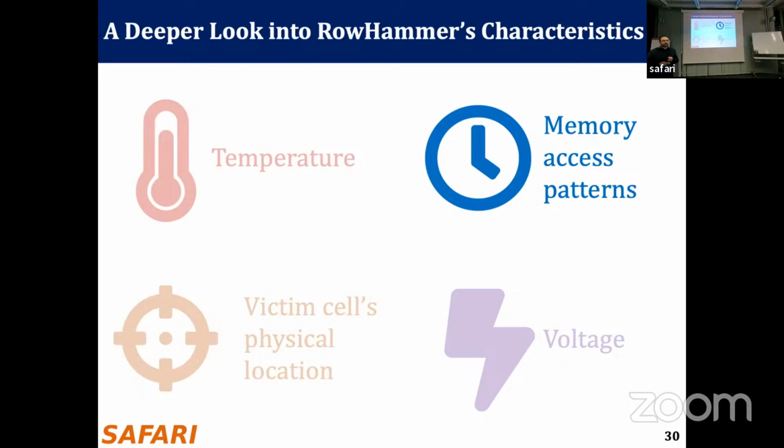So one thing you can do is you can spy on temperature, and there's actually a follow-up work in which we show that you can do that. For example, if you want to attack a data server, you can identify the peak hours for the data center's usage by just measuring the change in RowHammer bitflips, if you can conduct RowHammer bitflips.